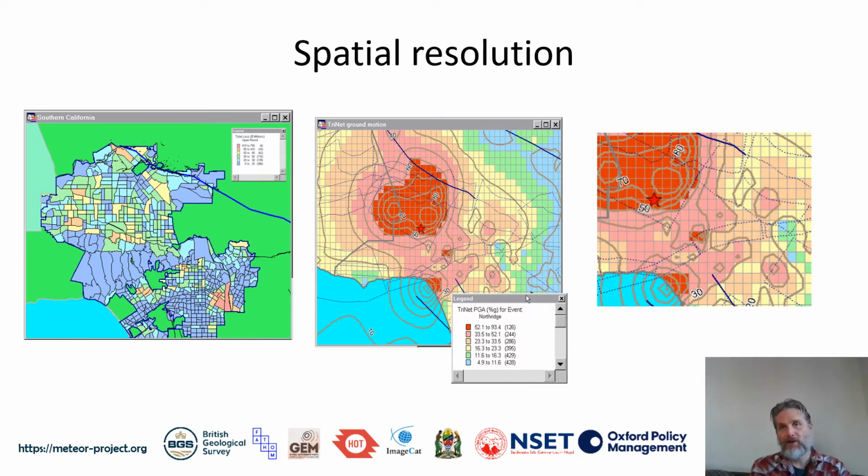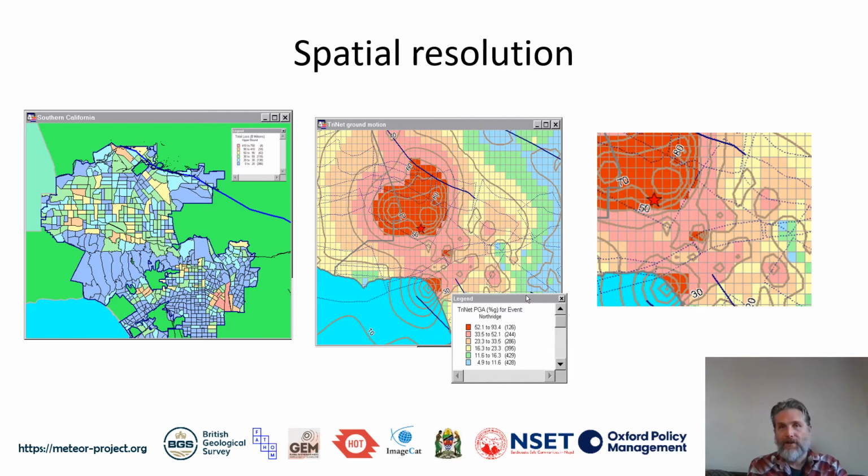Or you might have a 100-meter, 500-meter grid, and so on. So typically it would be expressed in units of arc seconds, 15 arc seconds, 30 arc seconds, and so on, which correlate roughly with a kilometer and a 500-meter grid cell, depending on where you are on the Earth. But it's a gridded data set.